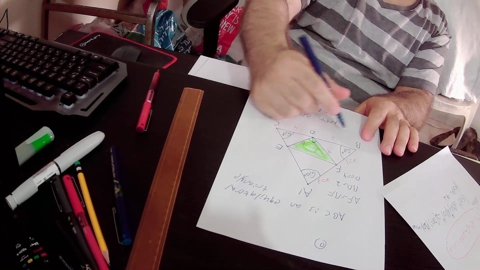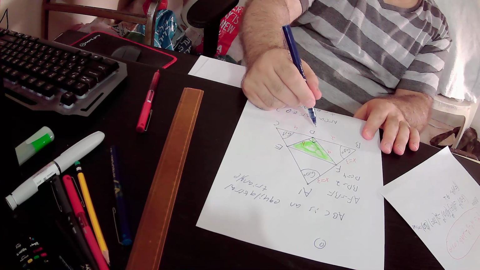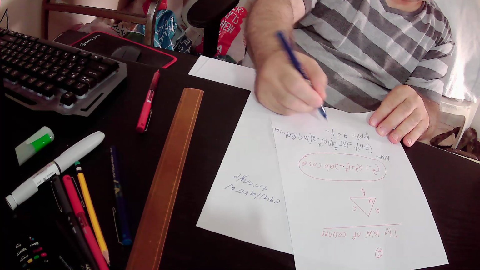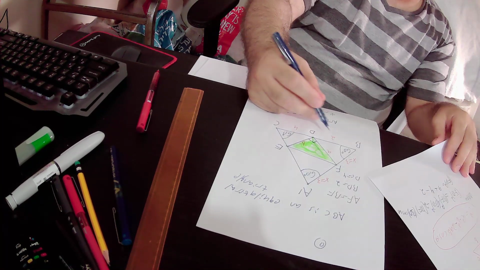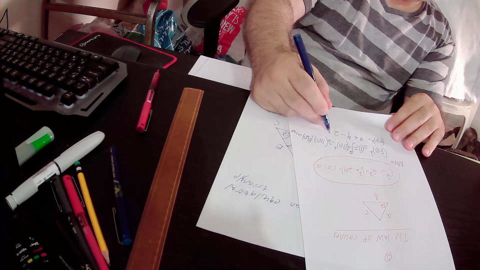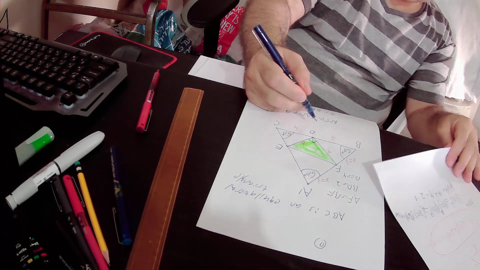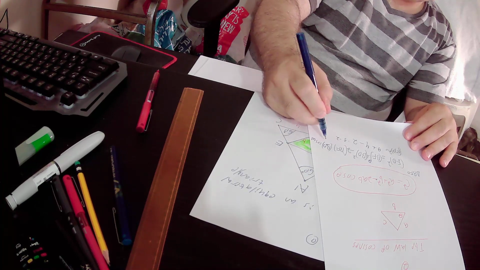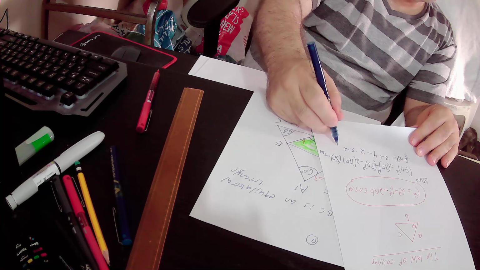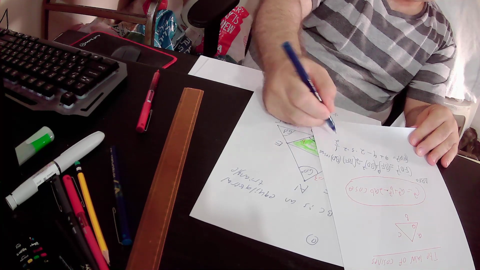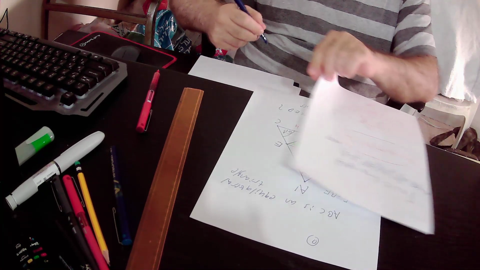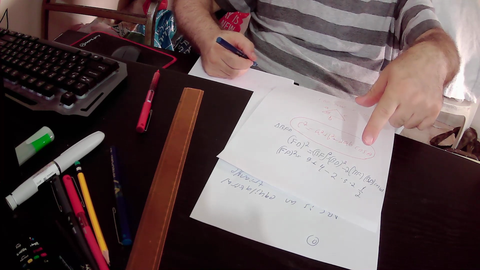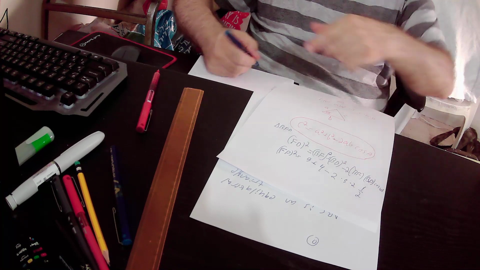BD equals 2 units, so 2 square is 4, minus 2 times BF is 3 and BD is 2, and cosine 60 degrees is 1 over 2, so in total FD square equals 9 plus 4 minus 2 times 2 over 2.